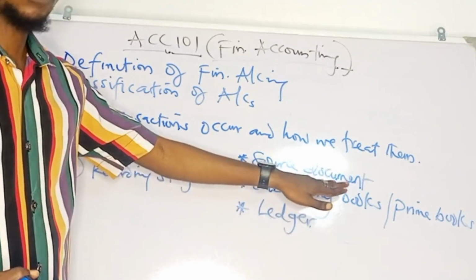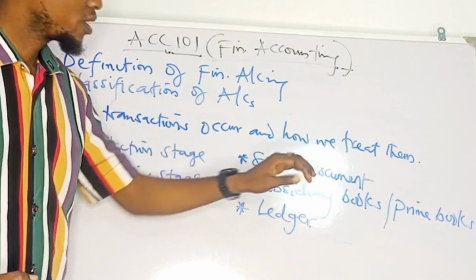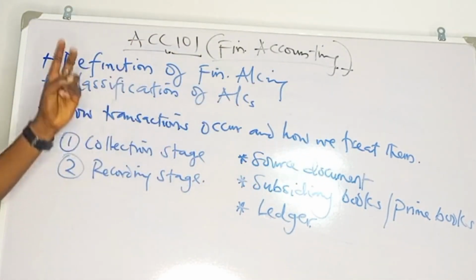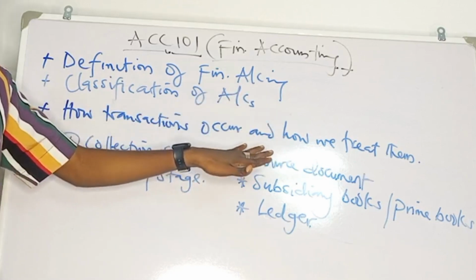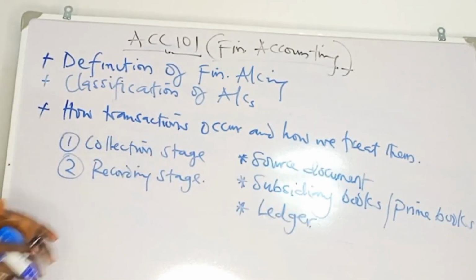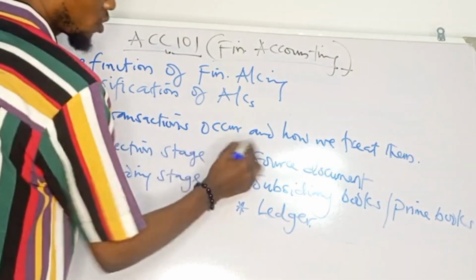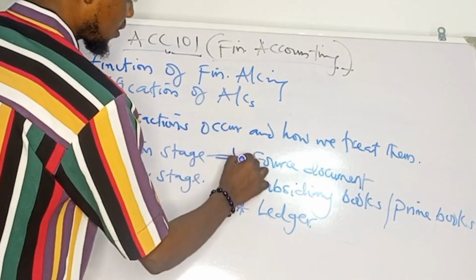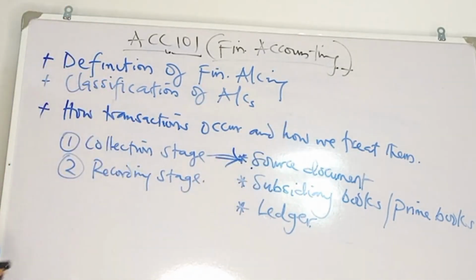They are under source document. So when the transaction happens, they are entered in the source document. That is the collection stage. Every recording from the collection stage is entered in the source document.